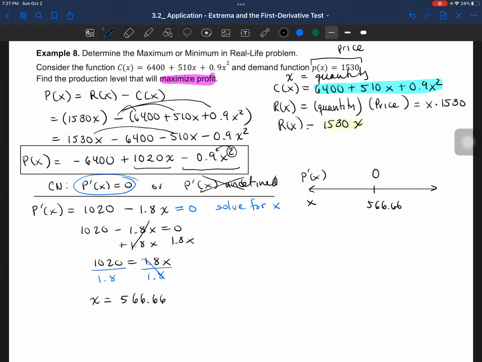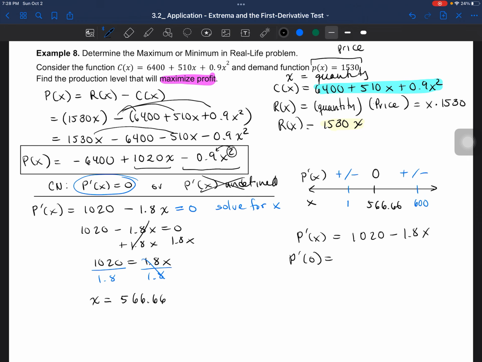We already know that the derivative value at quantity 566 is gonna give us 0. What we need to do is check what happens on the left side and what happens on the right side. So just try a few numbers that are easy to compute. For example, 1, and let's just try 600, right? So we're gonna figure out whether this is a plus or a minus. We compare that at the derivative function, and we know the derivative is 1020 minus 1.8 times x.